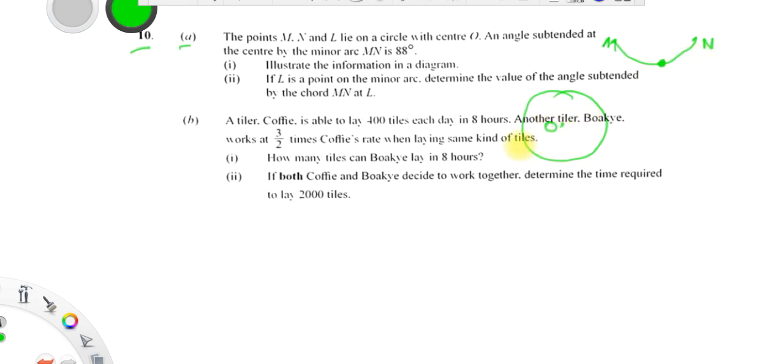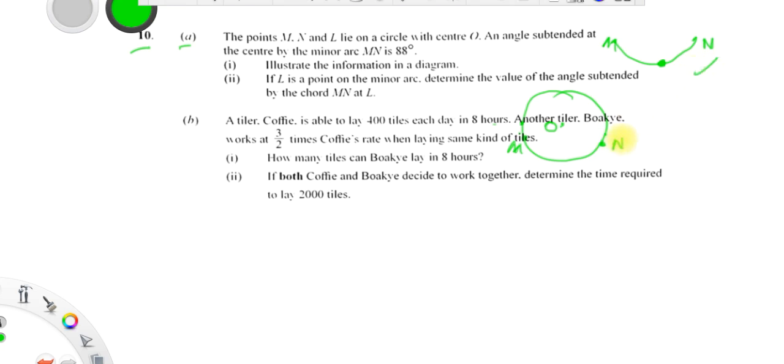Minor arc means less than a semicircle. So let's say M is here, and N is here, as I've drawn up here.